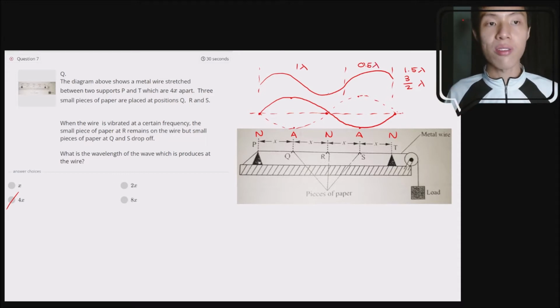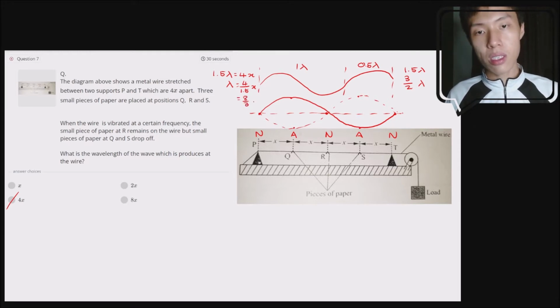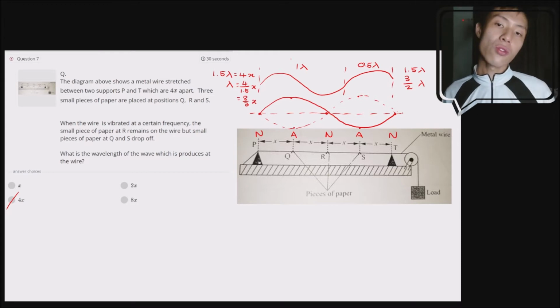Just imagine you have another case like this. If this is the case, then you need to know that 1.5 lambda is equivalent to 4x. Then lambda will be equal to 4 divided by 1.5x. Then you know 1.5 is 3 over 2. Therefore, it will be 4 times 2 equals 8 over 3x. So this is how you are going to solve this kind of question.